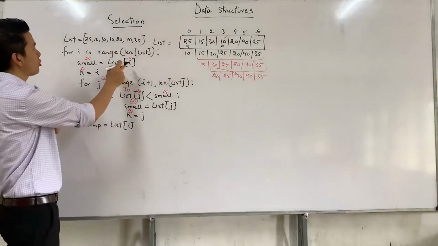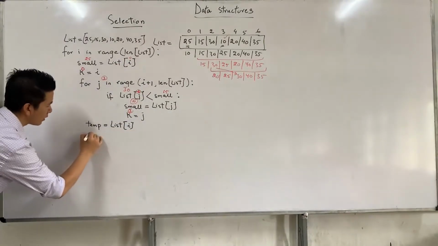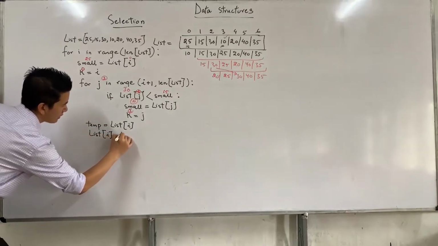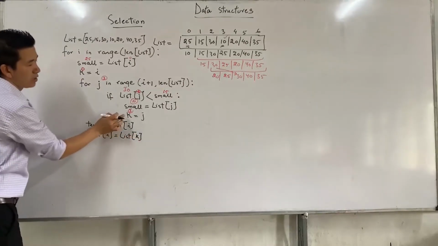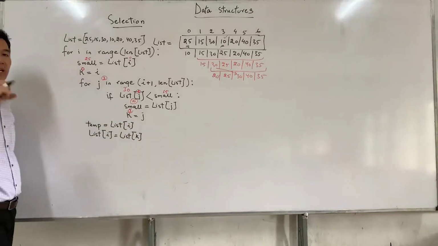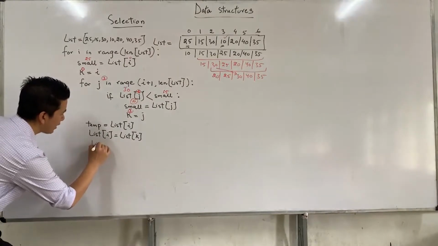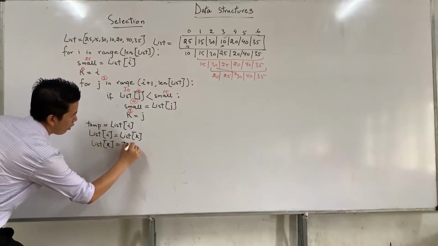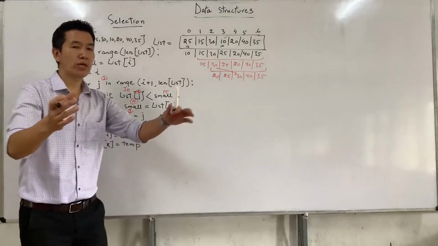So list of 0 points to 25. 25 is assigned to temp, and then in list of i I assign list of k. Remember, in k I have the index of the smallest number, and then finally in list of k I assign the value of 10.